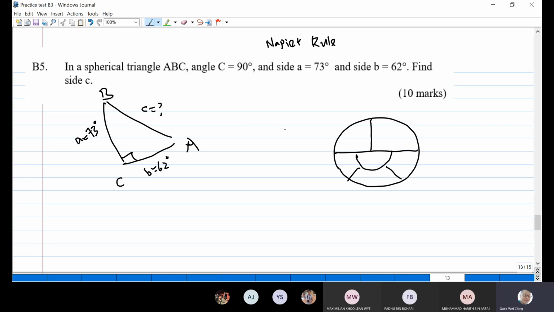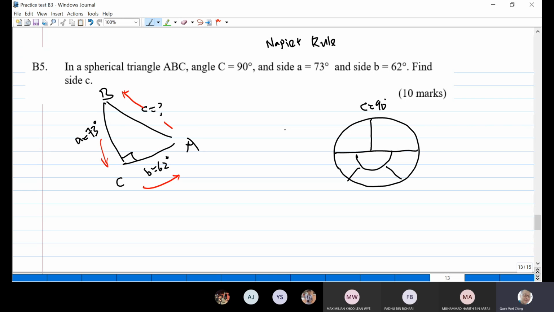Okay. Then you can go clockwise or anti-clockwise, it doesn't matter. So you get 90 degrees. Let's see, go this way. You have 90 degrees as the center, C, right?